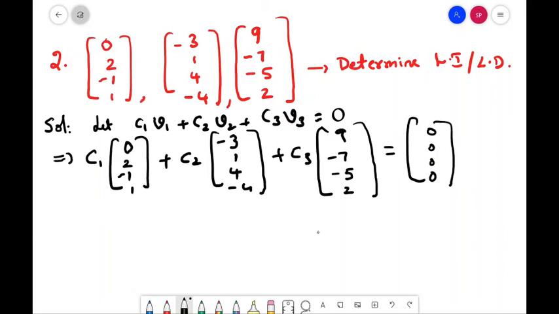These vectors are in R4 because you have 4 rows. So the zero vector in R4 is 0, 0, 0, 0.